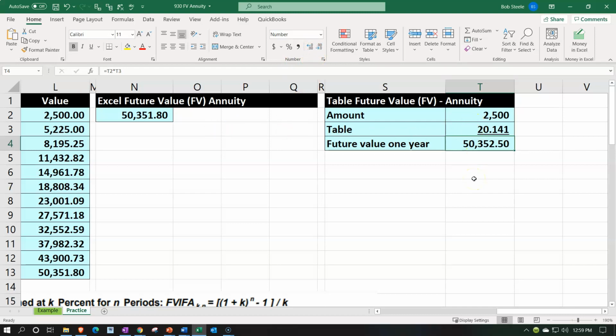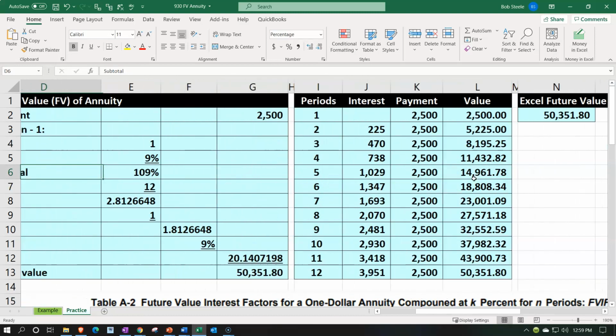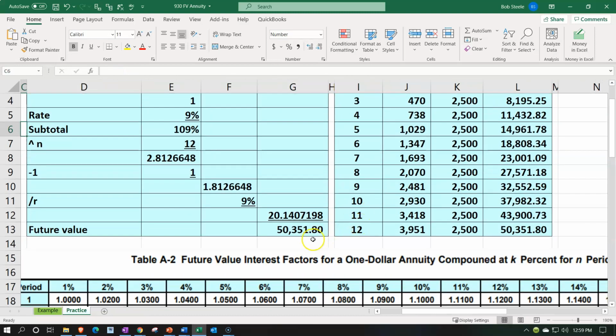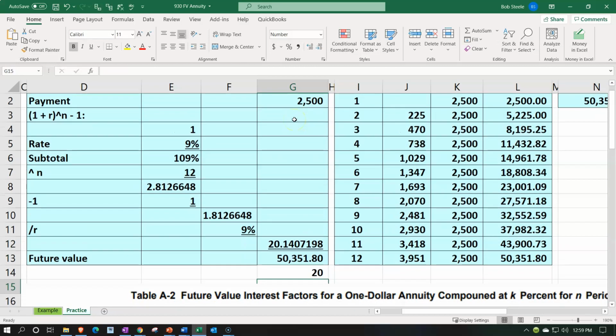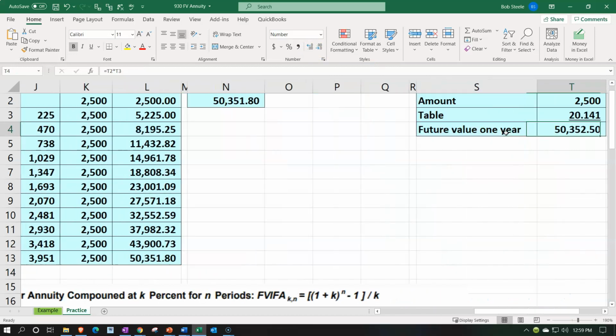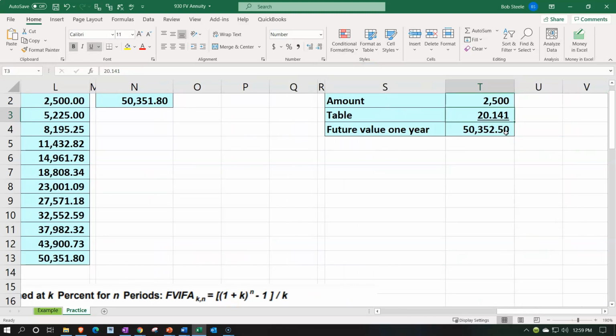Notice it took it out 3 digits. If we were to take it out more than 3 digits just to see what that rounding is doing, we could come on over here and check this out by saying it's going to be the 50,351 divided by 2,500, adding some decimals there, home tab, numbers, adding decimals, should be closer to 20.1407198 if we were taking it out more than 3 decimals, and it took it to 20.141, causing that slight difference.